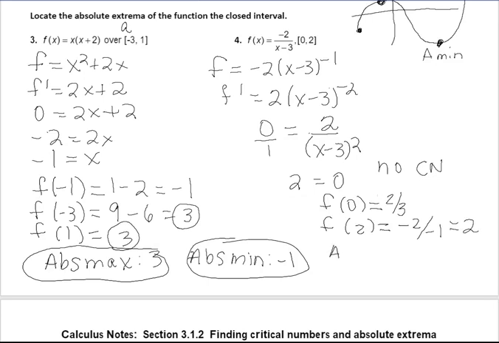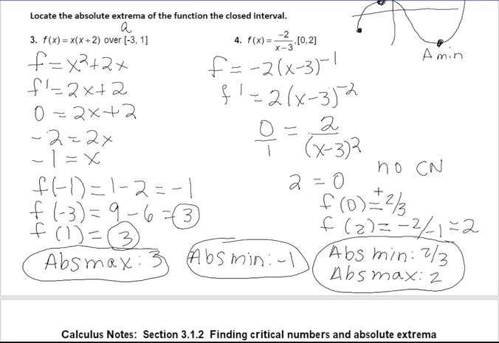So I'm going to have an absolute min of 2/3 and an absolute max of 2. And if we were asked at what x values those occur, then we would just say our absolute min occurs when x is 0, and our absolute max occurs when x is 2.